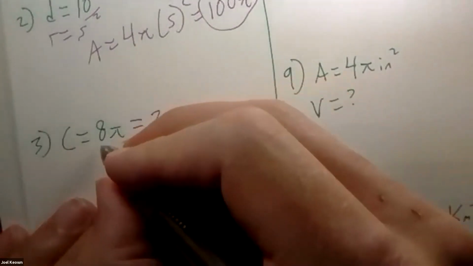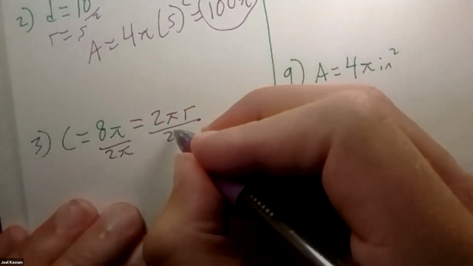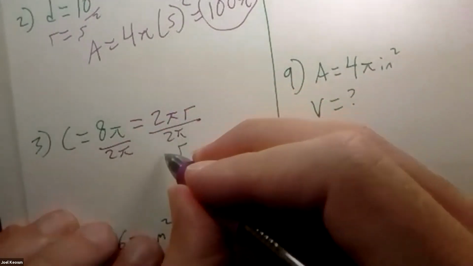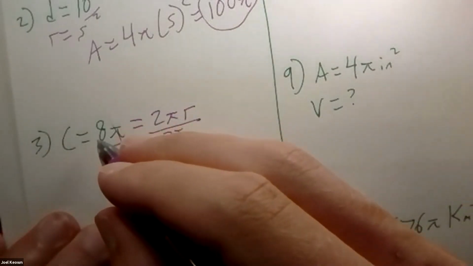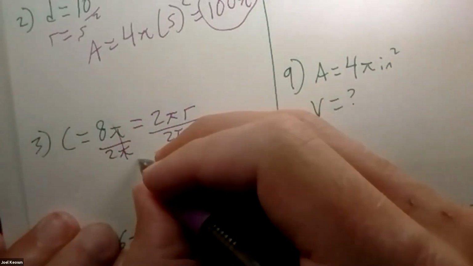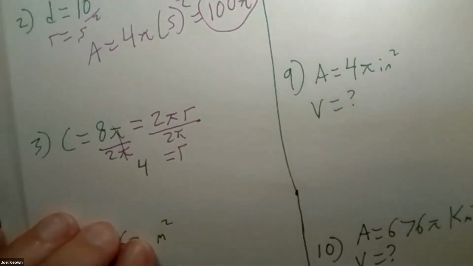Well, if I divide both sides by 2 pi, we'll see the pi's cancel out. 8 divided by 2 is 4, and I get my r is 4.